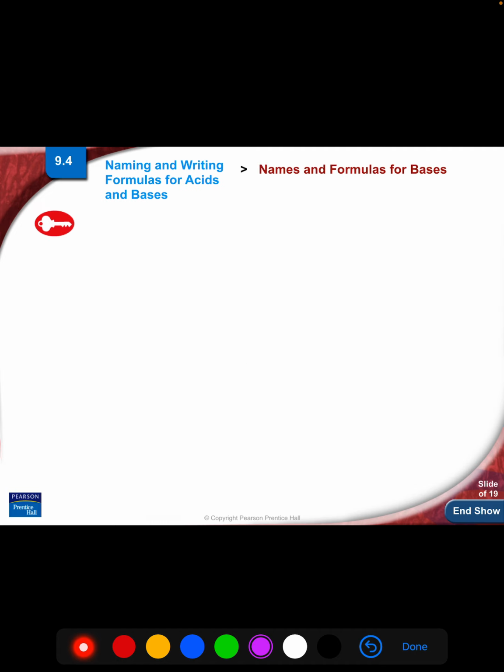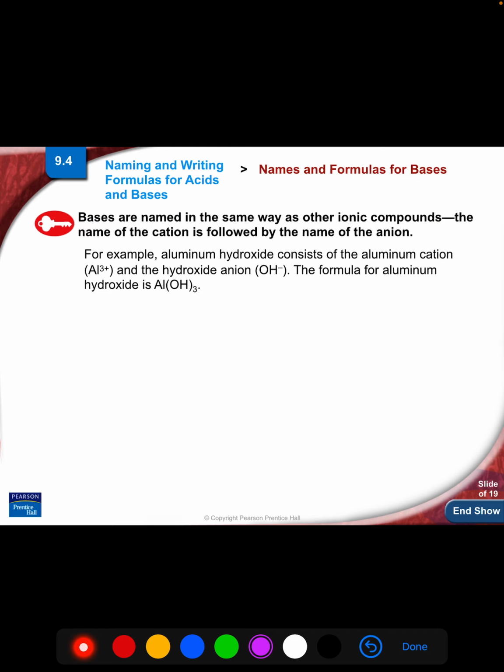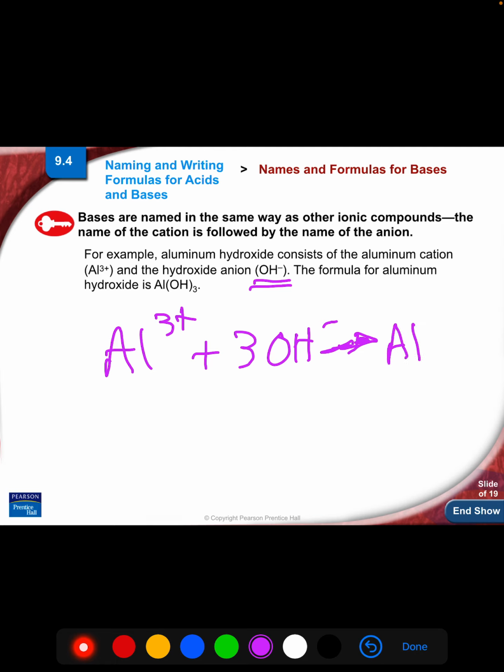Okay? So a good example is aluminum hydroxide. Aluminum is a group 3 metal. It forms only a +3 ion. So we have aluminum 3+. And if we combine that with hydroxide, you would need 3 to make a neutral ionic compound, in this case a base, because the anion is the hydroxide anion, plus 3 OH minuses, you're going to produce aluminum hydroxide.